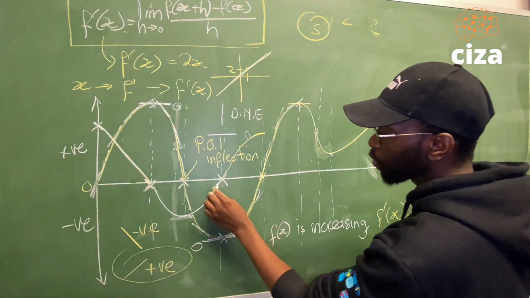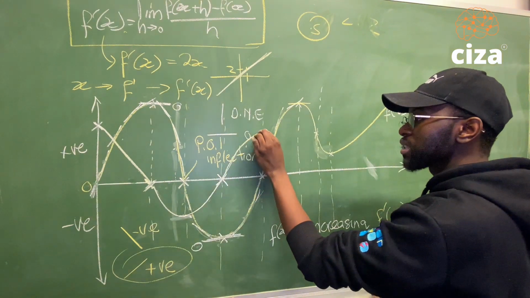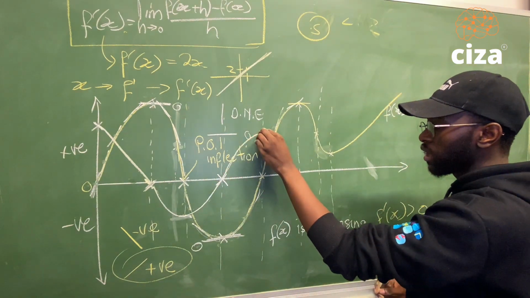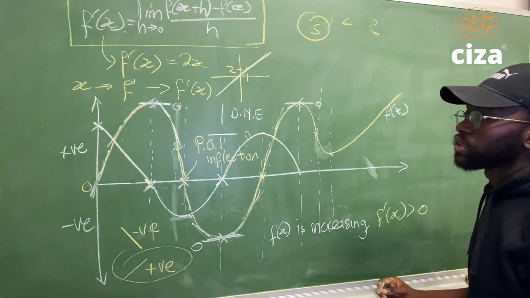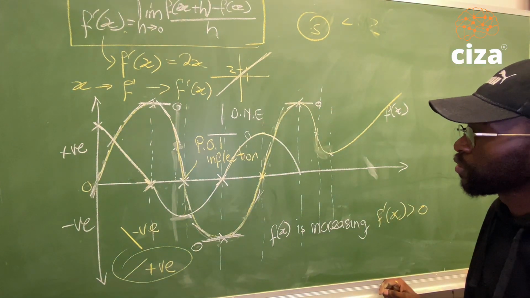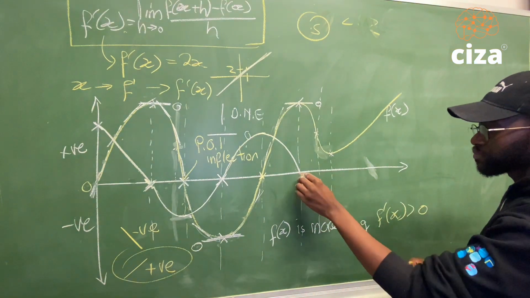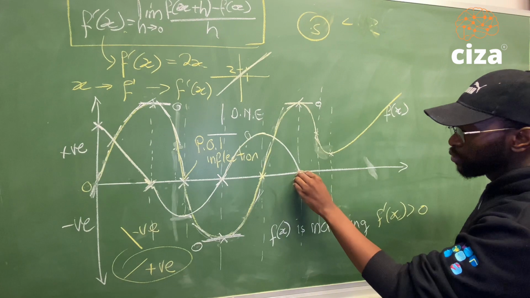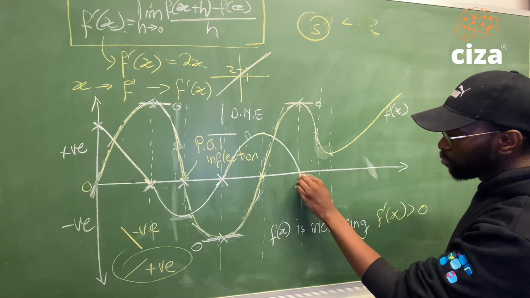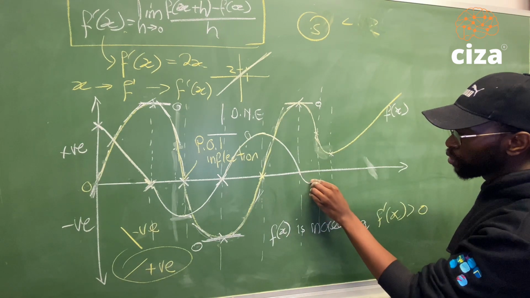So our function also will start to decrease from that point on until it passes 0, where this gradient here is 0. It will keep going like that. It's decreasing here, so it will be below, below, below.